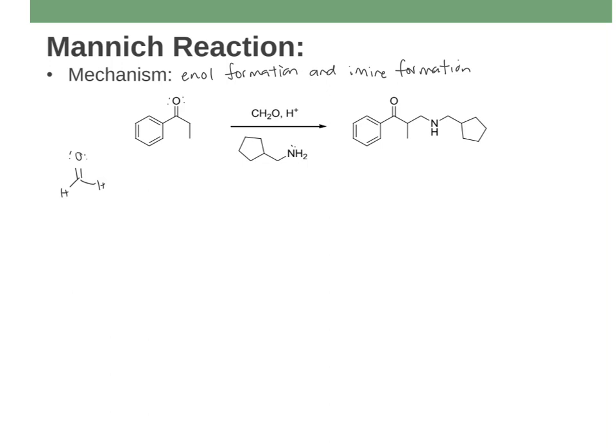Now, if I compare these two molecules, the reason why you're going to have an aldehyde or ketone to start with, and the second thing, this thing right here, is formaldehyde, right? The second thing, the thing that's going to become the beta carbon, is always going to be more electrophilic than your starting material. And that's because you want your amine to attack it and not the starting material.